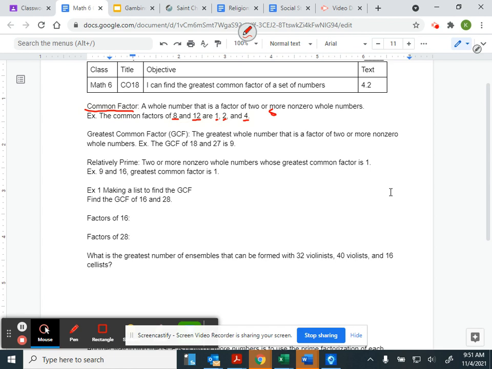If we were to list out all the factors of 8 and 12, 8 has 1, 2, 4, 8. 12 would have 1, 2, 3, 4, 6, and 12. We want to look at the ones that they share. They're common factors. So they share the 1, they share a 2, and they share the 4. So it's numbers that they have in common.